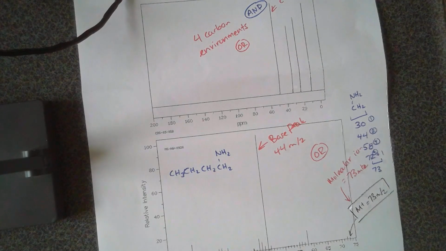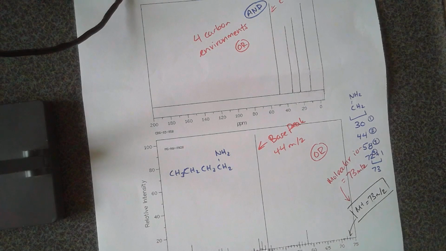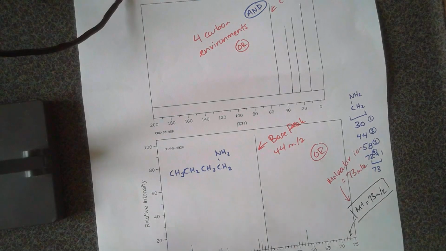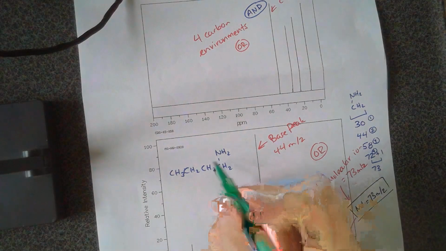Does that meet all the parameters? 4 carbon environments, amine, primary amine, and it meets all the parameters. Is that the only one that meets all those parameters? No. So what else could I do? I can move that amine down.